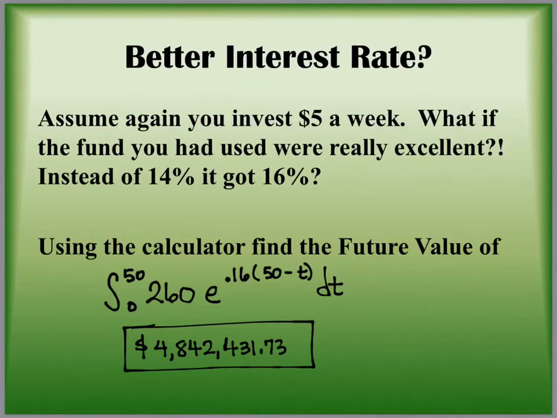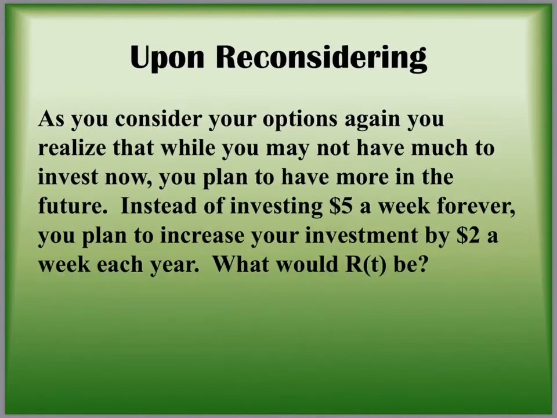Okay. Now, the thing is, people don't generally keep their investments constant throughout their life. If you invested $5 a week right now, that doesn't necessarily mean that next year you could not change it, right? Those things fluctuate. So we're going to take a look at an example of how something could fluctuate.